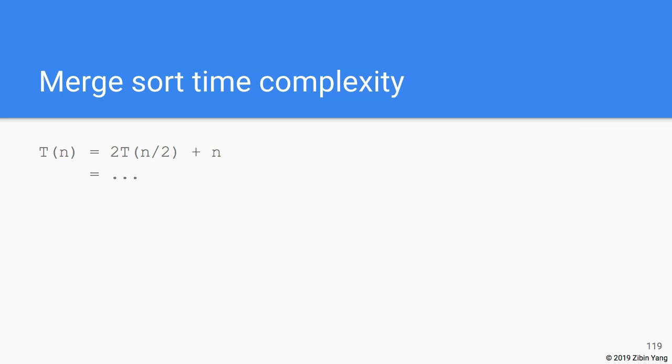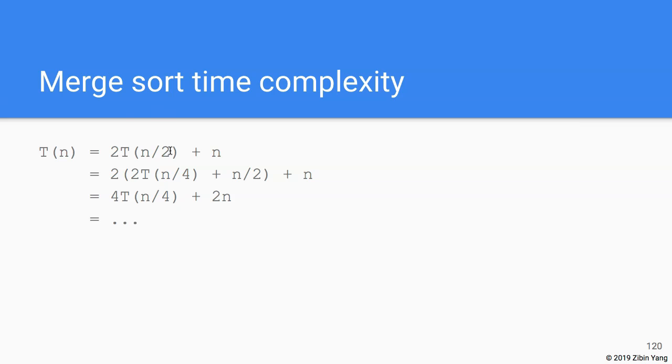So let's take a look at how we can further simplify this expression so that it becomes a function of n. The first thing we can do is further expand T of n divided by 2 using the definition of T of n. That is nothing more than simply replacing n here with n divided by 2.